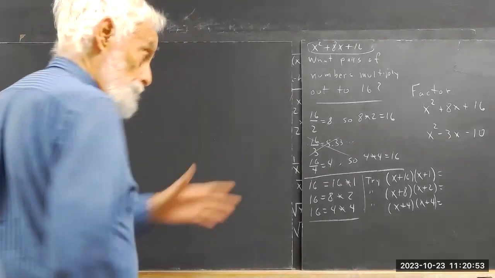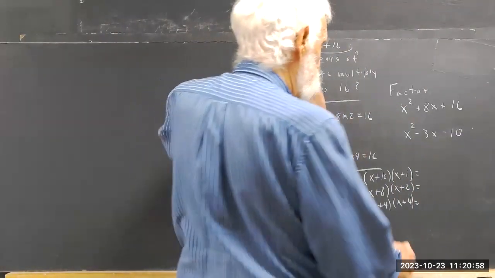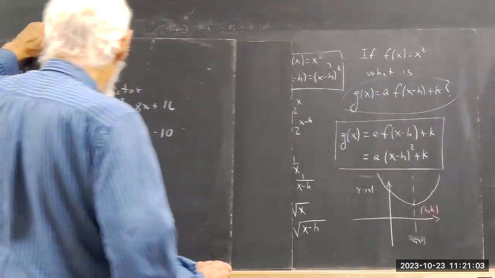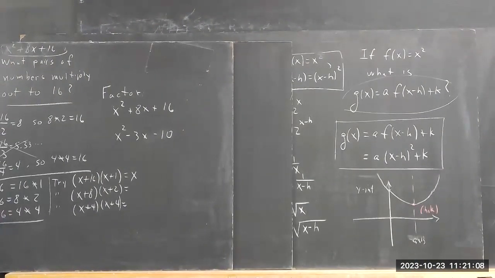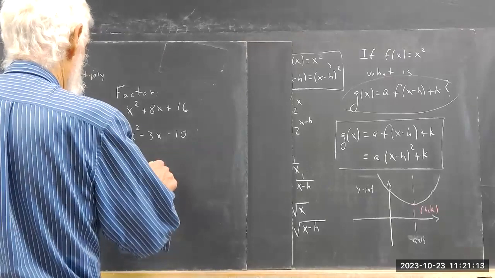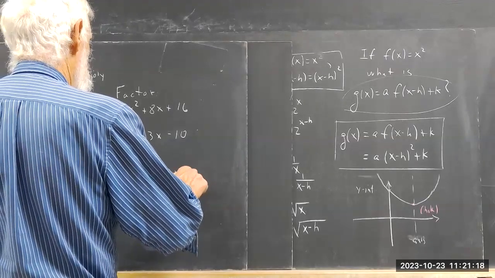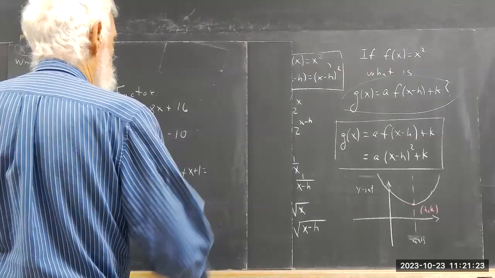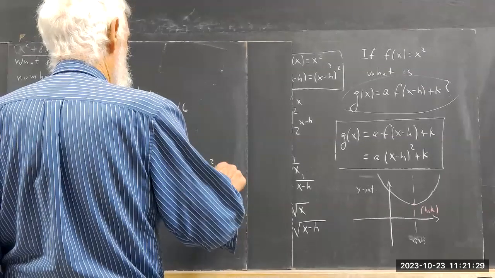Okay, now you did pretty well with this. You know how to do this. You know that x plus 16 multiplied by x plus 1 is x squared plus 16x plus x plus 1. And of course, we add that up, and it's x squared plus 17x plus 16.